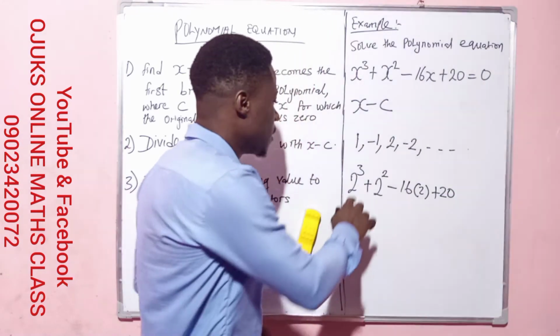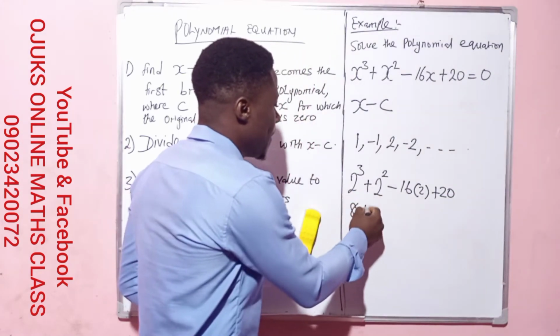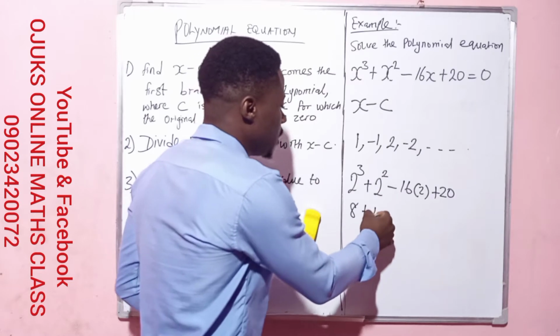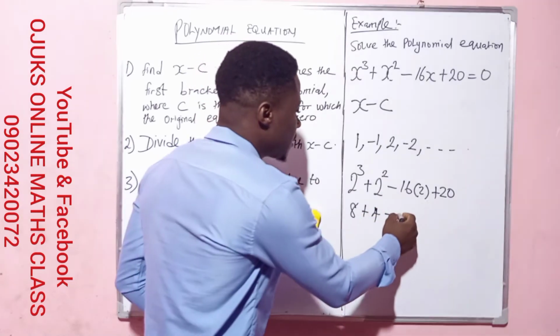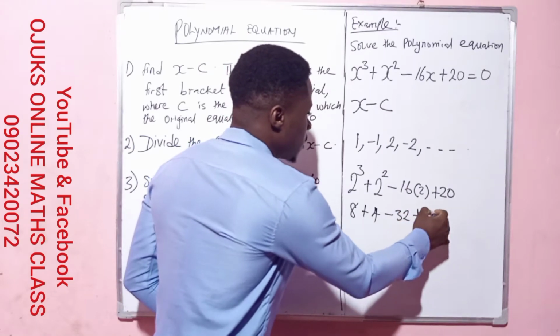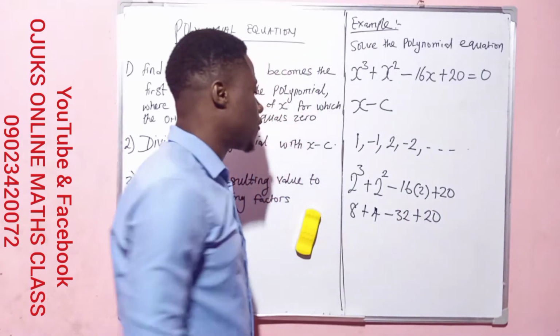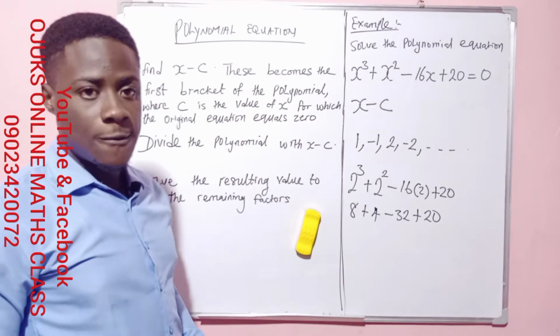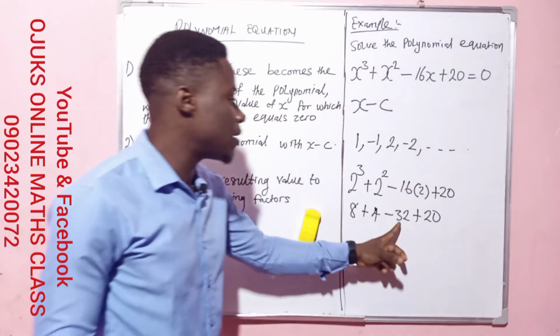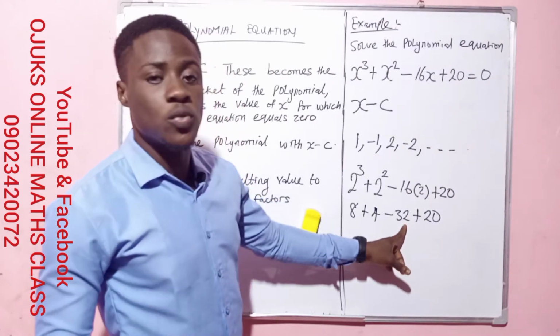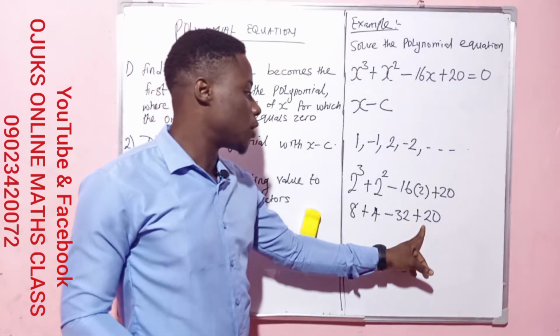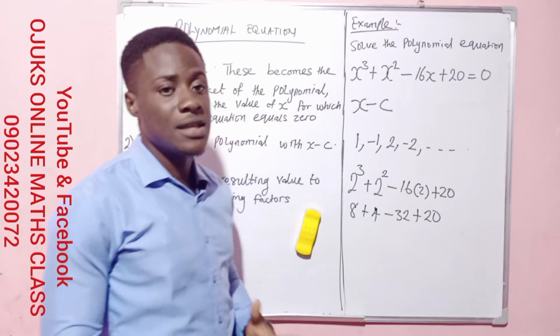Let's check. 2 raised to power 3 is 8, plus 2 raised to power 2 is 4, minus 16 times 2 is 32, plus 20. 8 plus 4 is 12. Then 12 minus 32 will give us minus 20. Then minus 20 plus 20 will give us 0.